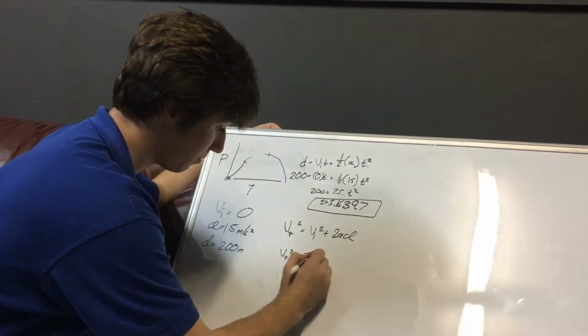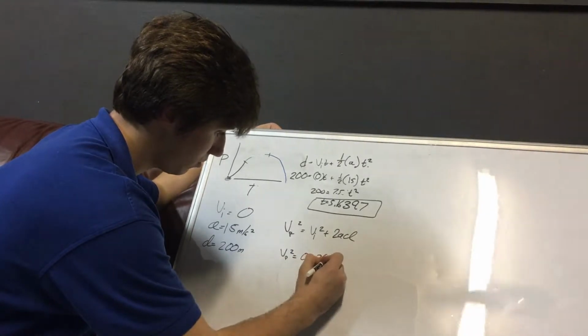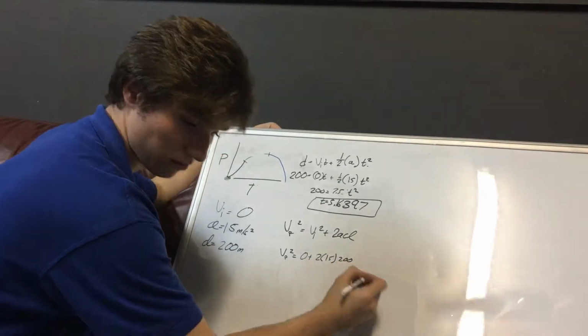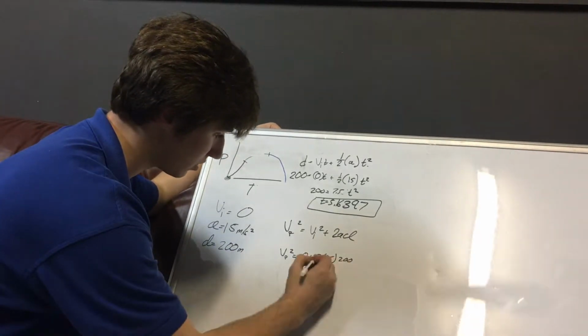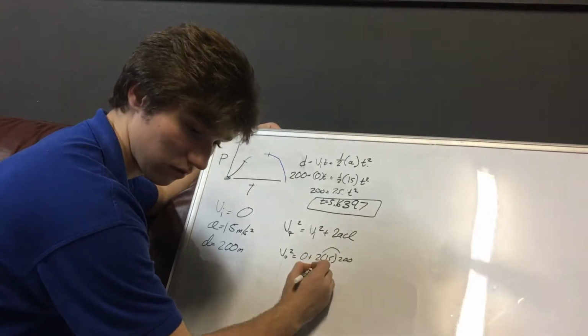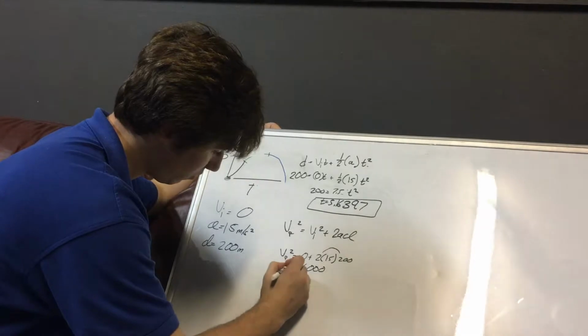VI is 0, so 0 plus 2 times 15 times 200 gives us 6,000. That is VF squared.